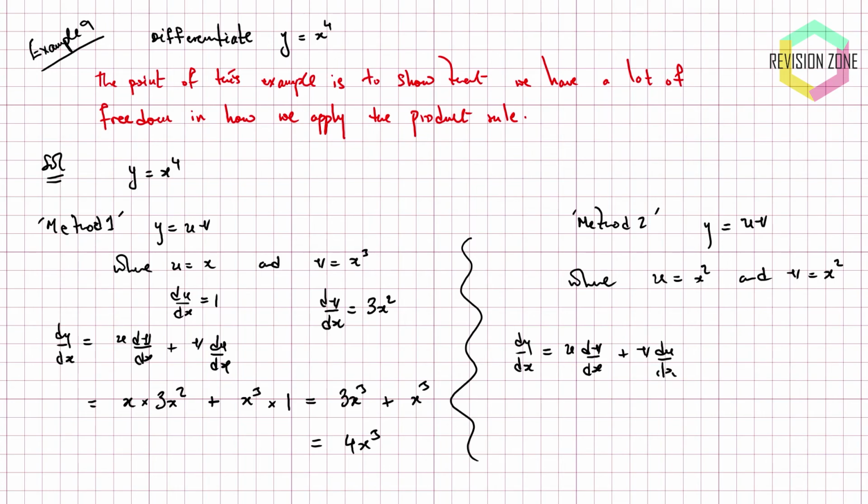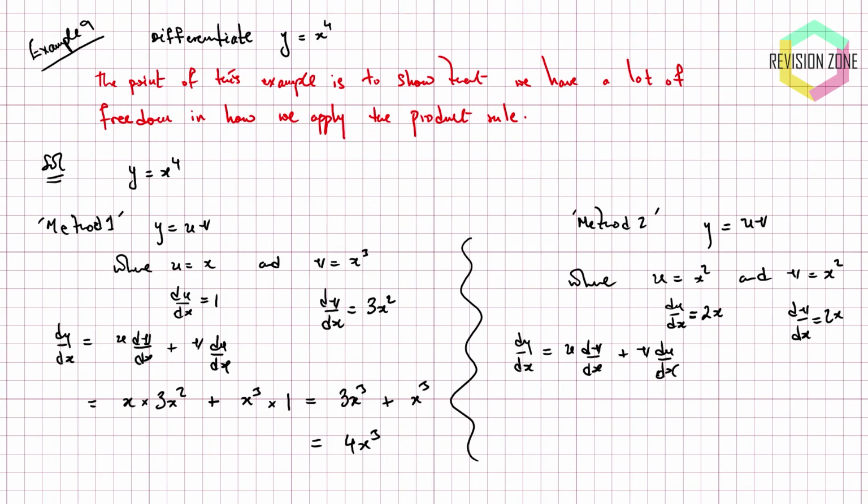Once I have this, I need the derivatives of u and v. My du by dx is going to be 2x because u is x squared. And because v is also x squared, the same description as u, then dv by dx is also just going to be 2x.